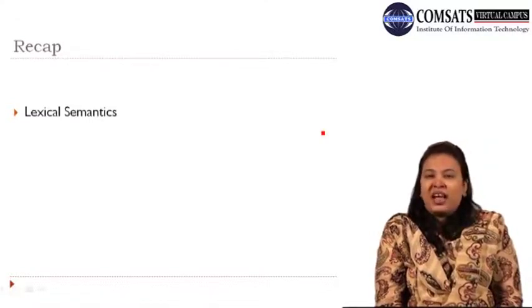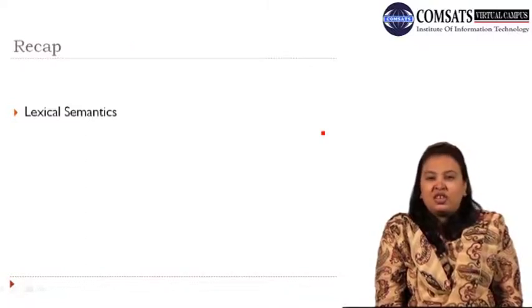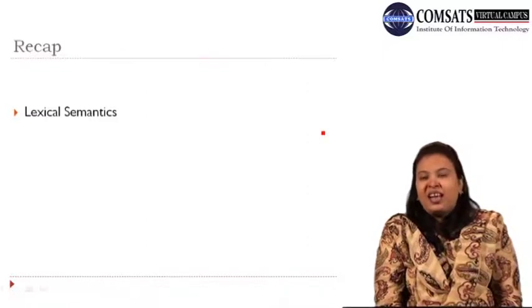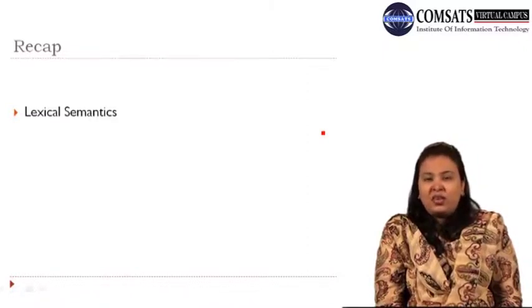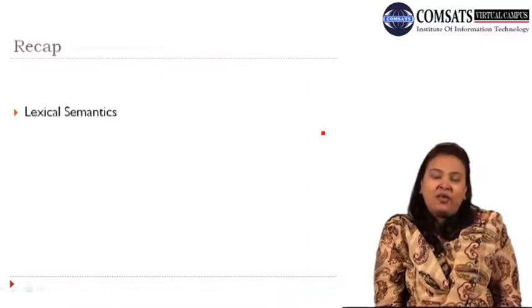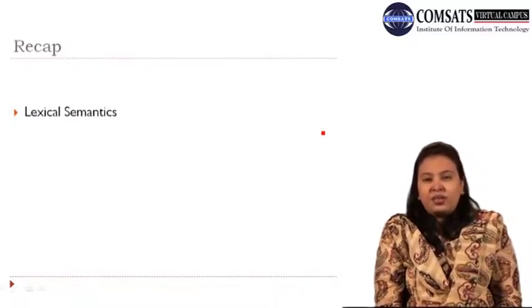So semantic roles are actually the roles fulfilled by words within the structure of sentences. And finally, the most important, lexical relationships. The words get their meanings through their relationships with other words. Their meanings are derived on the basis of their relationships with the other words.